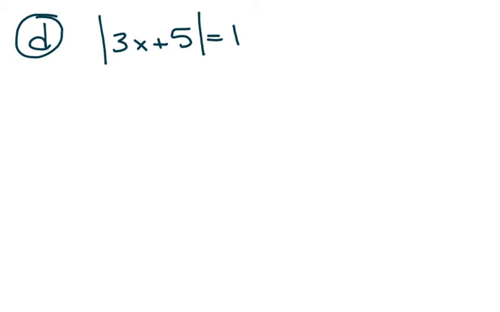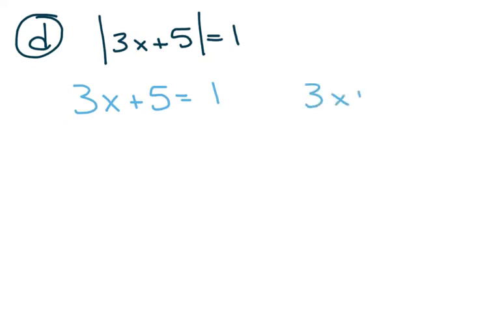Absolute value equations always produce two answers. The reason they produce two answers is because the absolute value of a positive is a positive, and so is the absolute value of a negative. So in order to solve this, what we do is we set up these two equations. 3x plus 5 could be positive 1, because the absolute value of 1 is 1.